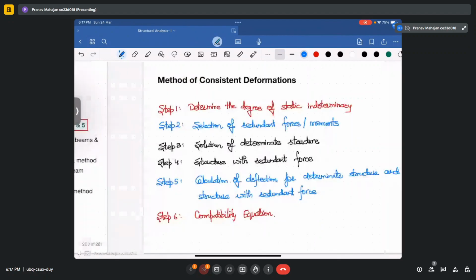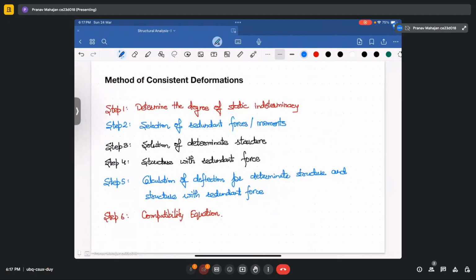Okay, so what are the various steps that are required for the analysis of the statically indeterminate structures using the method of consistent deformations? First of all, you are required to calculate the degree of static indeterminacy, whether in truss or in beams. In truss, you will use ds is equal to m plus r minus 2j, and using that equation you will determine the value of the degree of static indeterminacy.